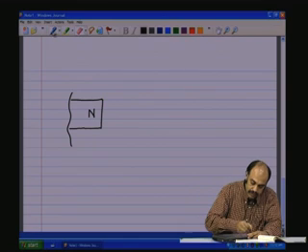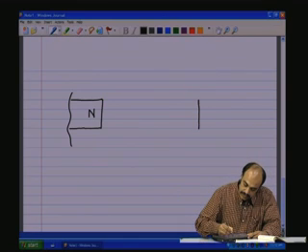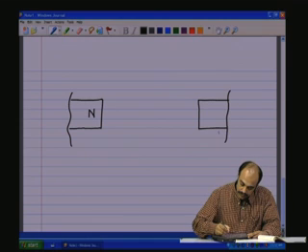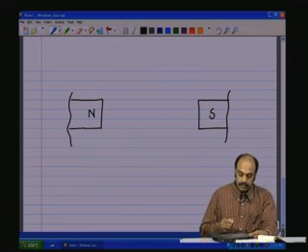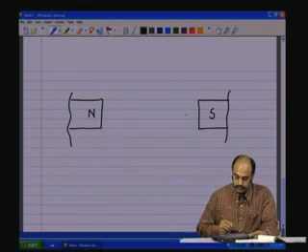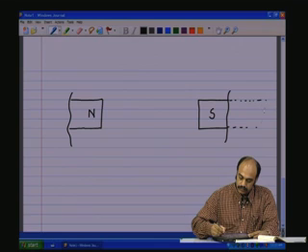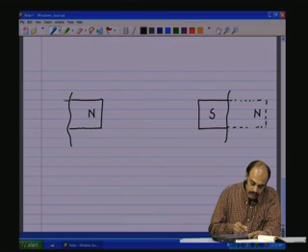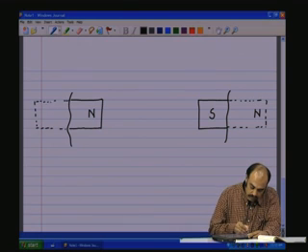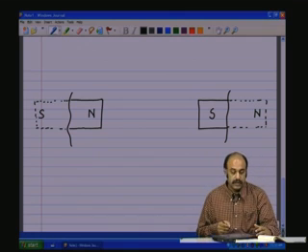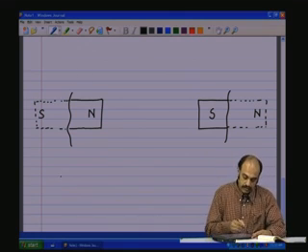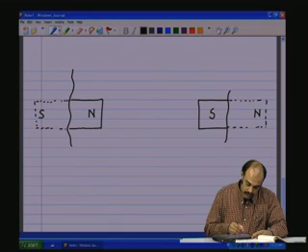Let us place it at some distance in line with the north pole, but with the south pole facing the north pole, and this has a north pole also, of course, because no magnetic element can have an isolated pole. So, it has its own north and south poles, but we are interested in this, that is up to here.